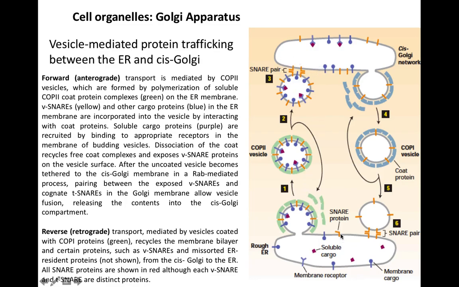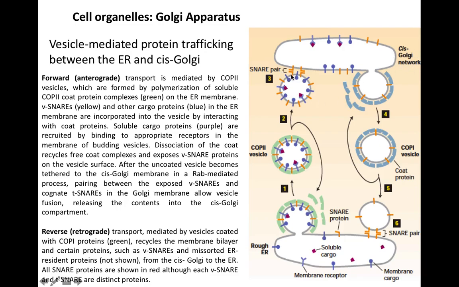So basically the SNARE proteins, the V-SNAREs, which are found on the surface of the vesicle, and the T-SNAREs, which are found on the surface of the target membrane, both of these proteins help in the tethering process, or in the docking process, or in the fusion of the vesicle to the membrane of the Golgi apparatus.